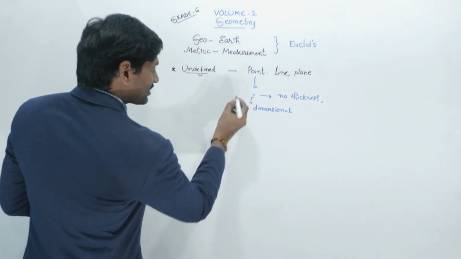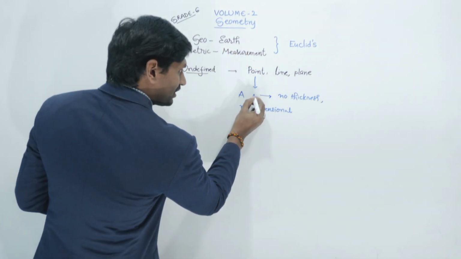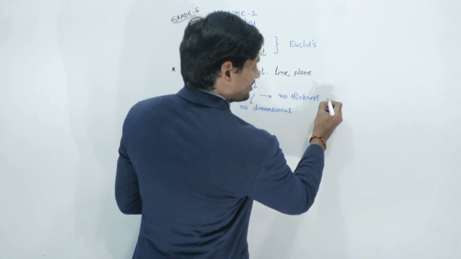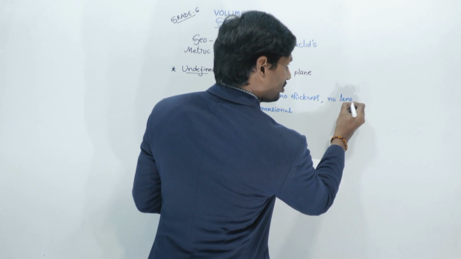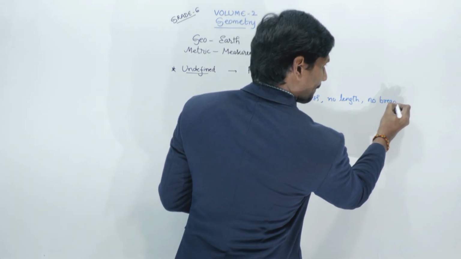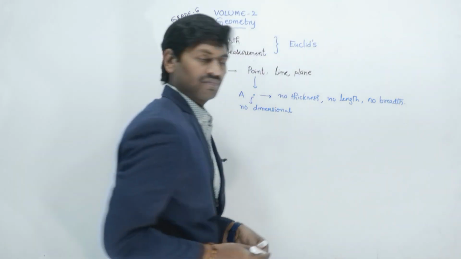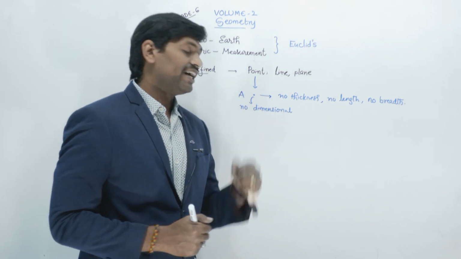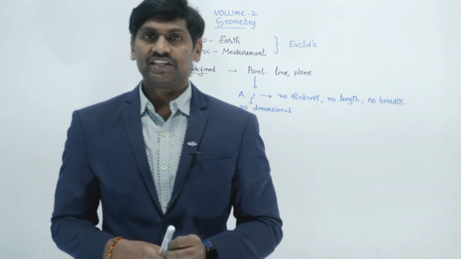That's why we use capital letters to represent a point, and we call the point a no dimensional object.